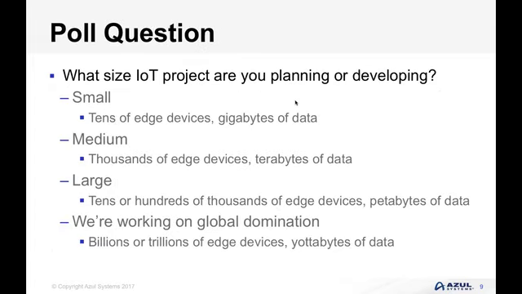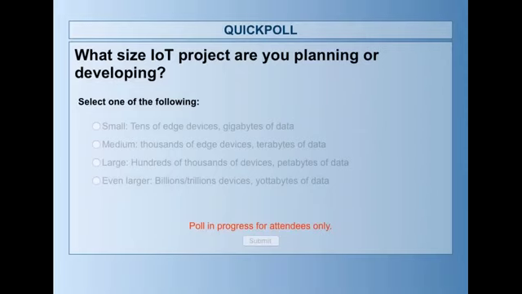So I'd like to pause here and just have a quick poll question for the people who are on the line. And I'd like to ask people, what size of IoT project are you planning or are you developing? And I've given you 4 different answers. So small, which we're talking about sort of tens of edge devices, tens of sensors, maybe gigabytes of data, possibly megabytes of data. Medium, where you're talking about thousands of edge devices, possibly terabytes of data.